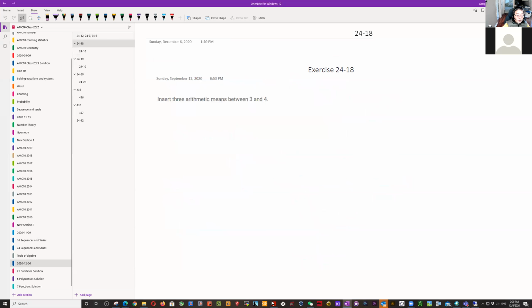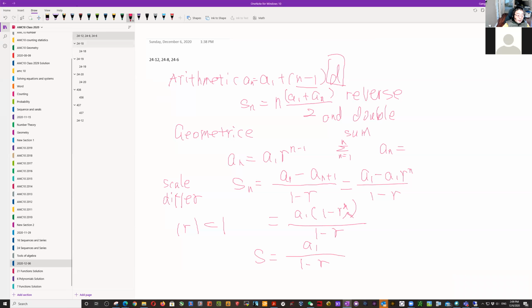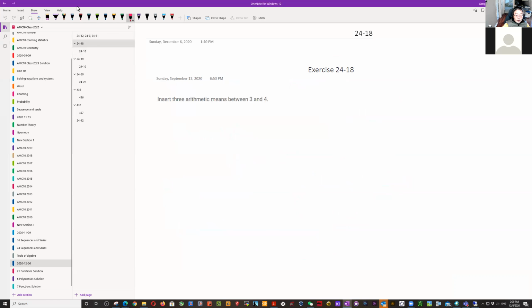Okay, so let's do the problems. Insert 3 arithmetic means between 3 and 4. If we understand this formula, the first term is 3, so A1 equals 3. For 3 arithmetic means, we have to insert 3 values.